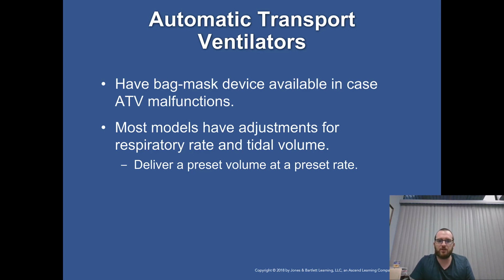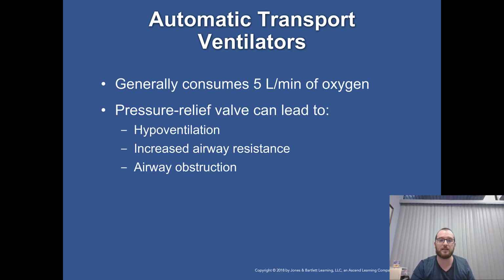Discontinue the auto vent or whatever it is. Put the OPA back in if that makes sense for your patient, not if they're intubated, obviously, but immediately go back to BVM. We can troubleshoot the vent and figure out what's going on later, but we need to make sure that the patient is still getting the oxygen that they need.